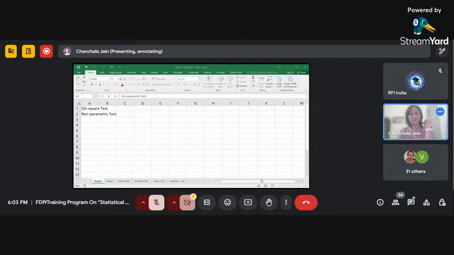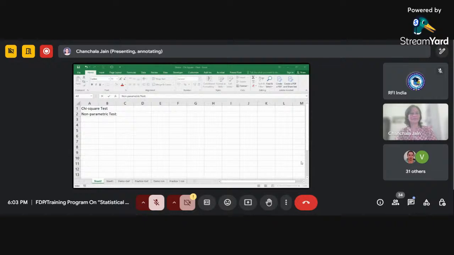Anyone else? Any idea about the chi-square test? I mean, it is normal distribution, a bell-shaped curve. Sneha, ma'am, you're talking about the non-parametric test, right? Okay, fine. So that means it is not the correct answer. This is what you are saying, Sneha, right?